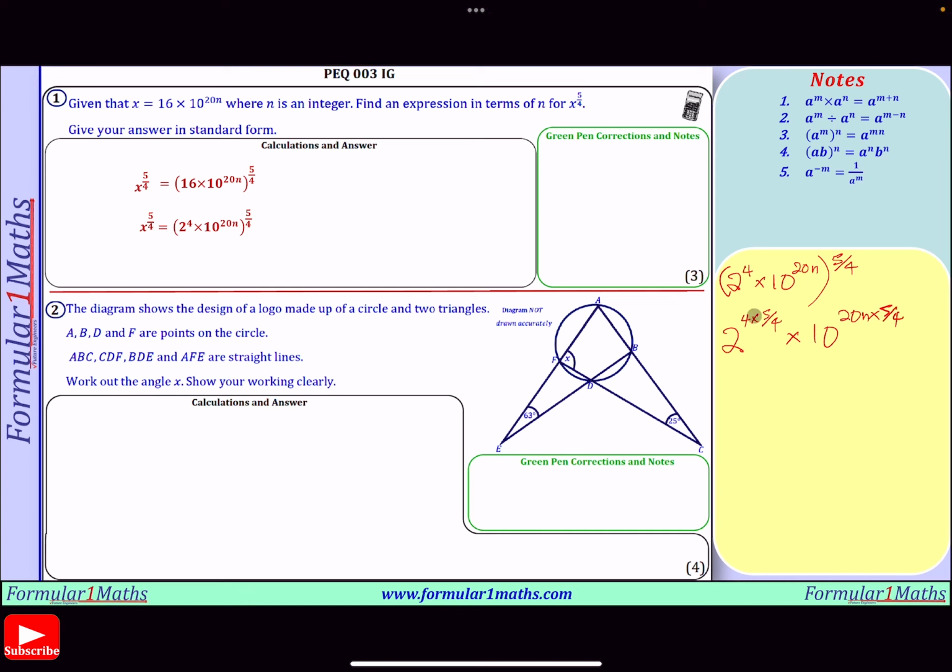We can now simplify the fractional indices as follows. 4 goes here 1, and 4 goes there 1. 4 goes here 1, and 4 goes into 20n, 5n. So the whole expression becomes 2 to the power 5 times 10 to the power 25n.